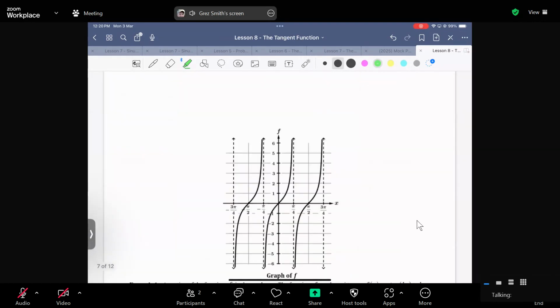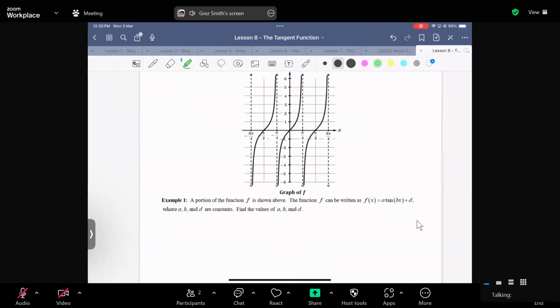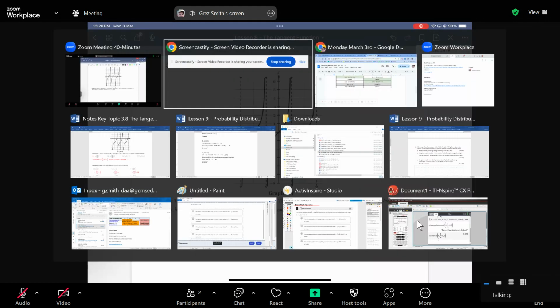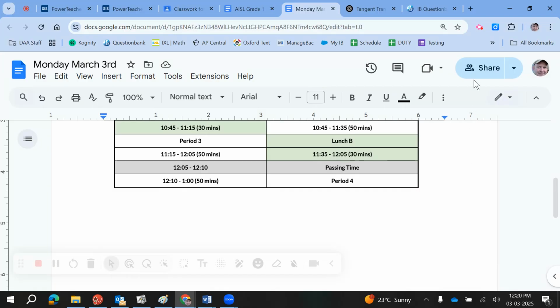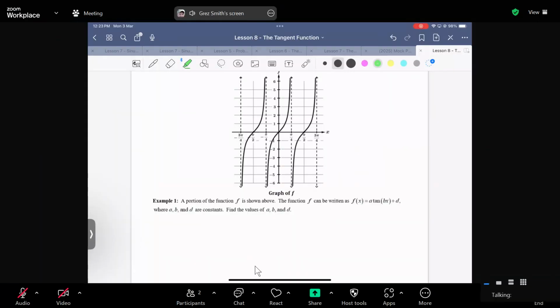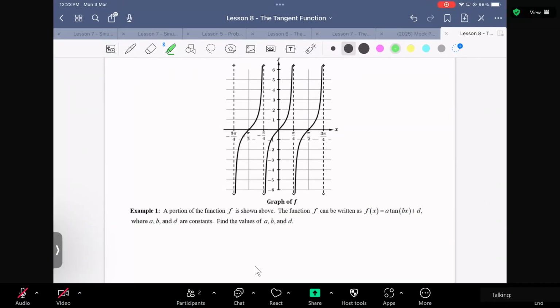Let's have a go. All right, take a couple of minutes. See if you can work out what the transformations are that make this function. All right, so analyzing this graph.